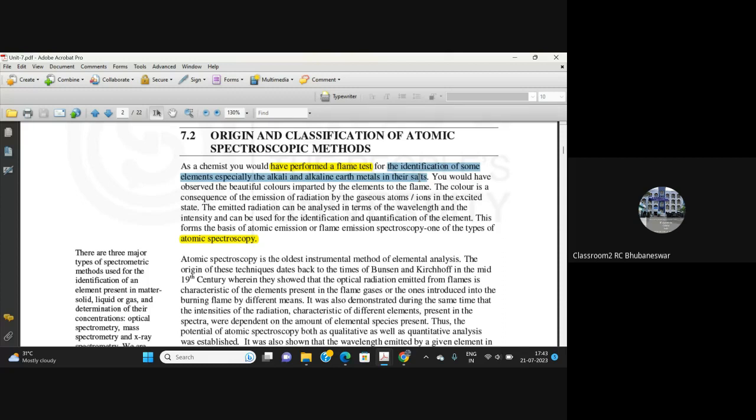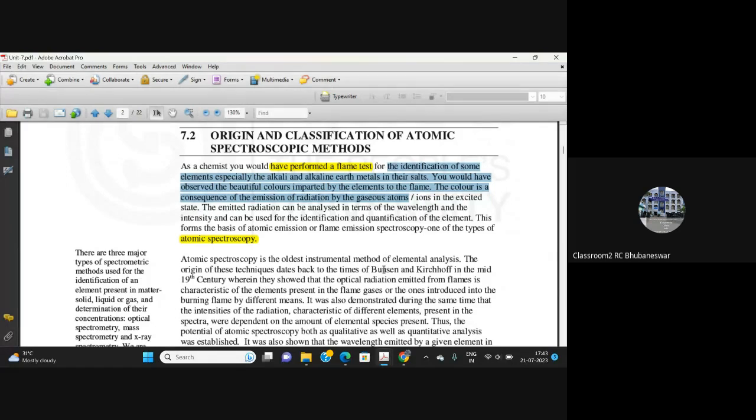So you could have observed the beautiful colors imparted by the elements to the flame. The color is a consequence of emission of radiation by the gaseous atoms. The color which you saw at that time is due to the emission of radiation. But up to that time, you didn't know this.